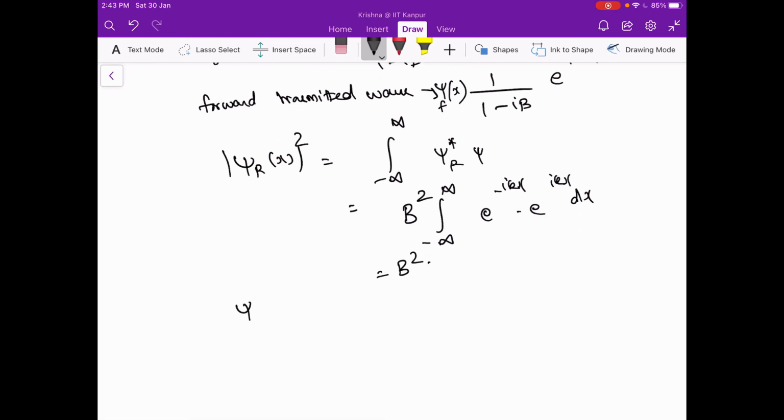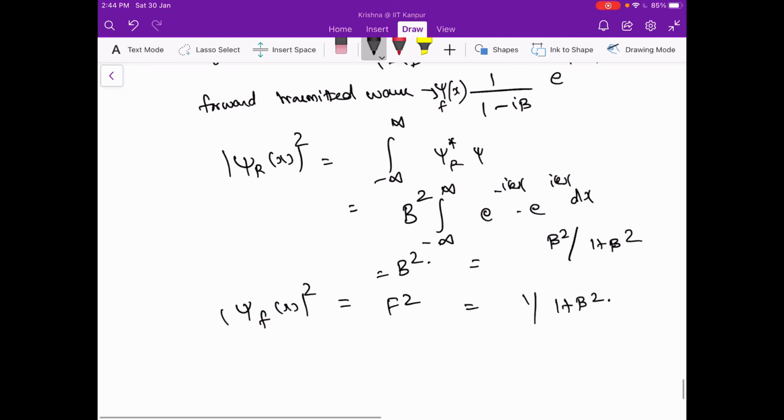Similarly, ψ forward squared will be f². So b² is basically β²/(1 + β²), and the forward transmitted is 1/(1 + β²).